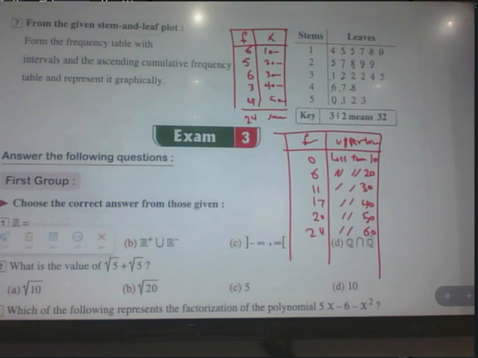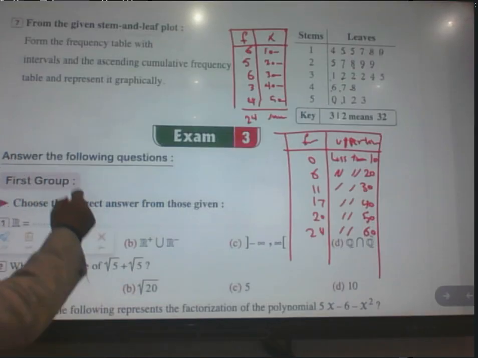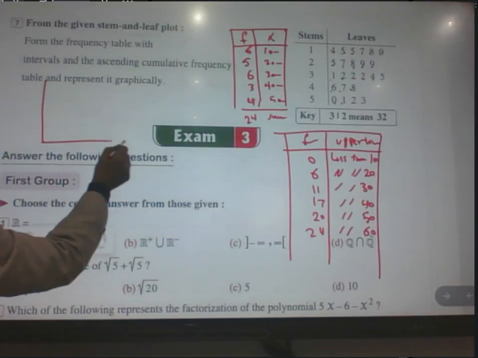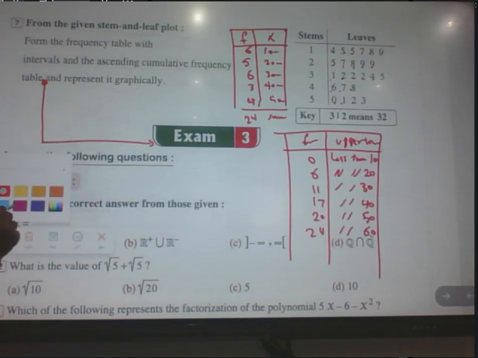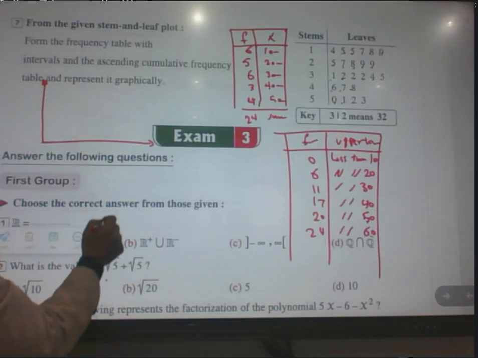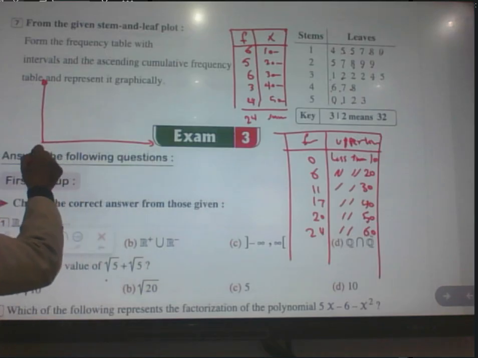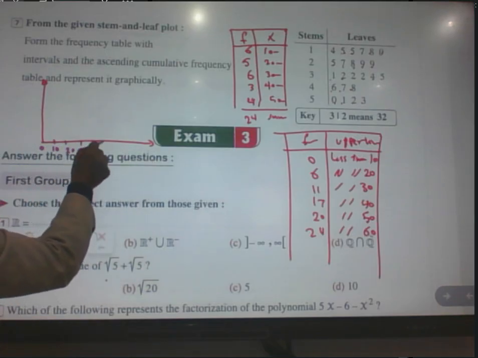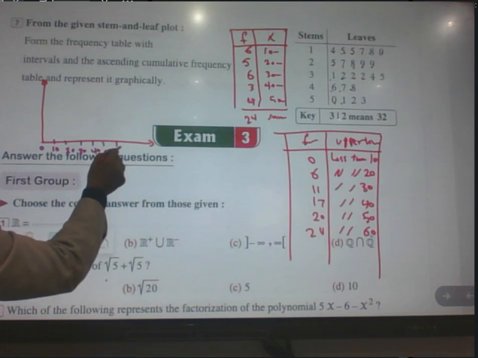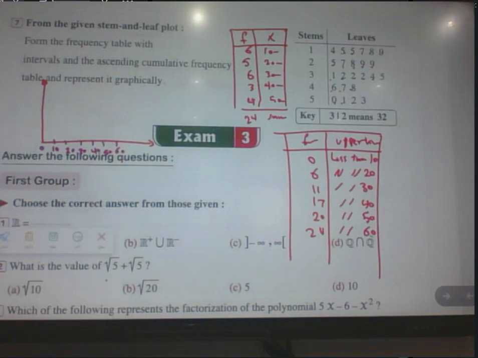Okay, now I will represent it vertically like this. Draw the x-axis and y-axis. Start with the first here: we have 0, 10, 20, 30, 40, 50, 60. For the y-axis, since the total is 24, we can write 0, 4, 8, 12, 16, 20, 24.